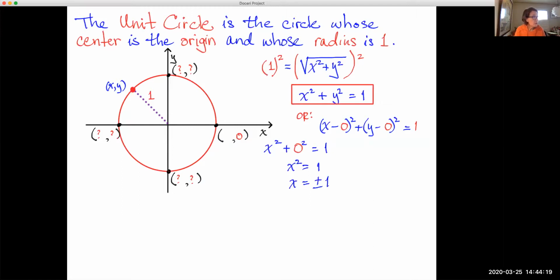So there are actually 2 points that satisfy that equation: one on the positive x-axis and one on the negative x-axis. I've labeled 2 points, (-1, 0) and (1, 0). They're both on the unit circle. The radius is 1, so it's really easy to get these coordinates.